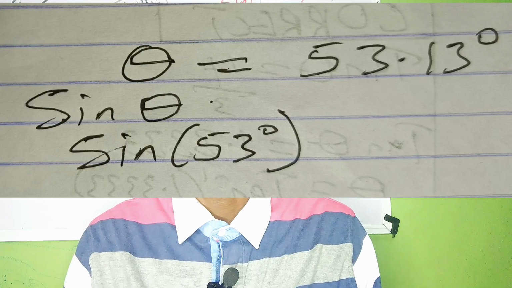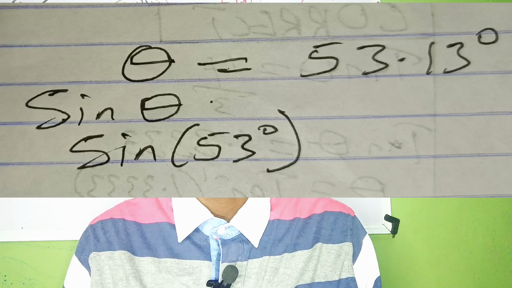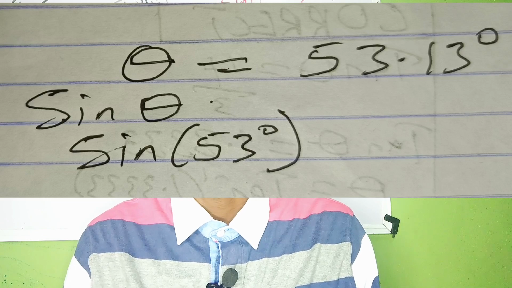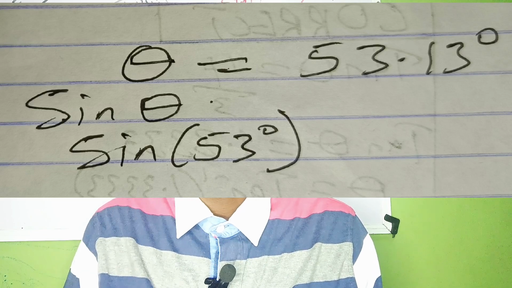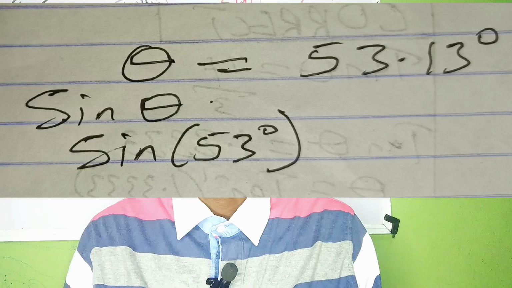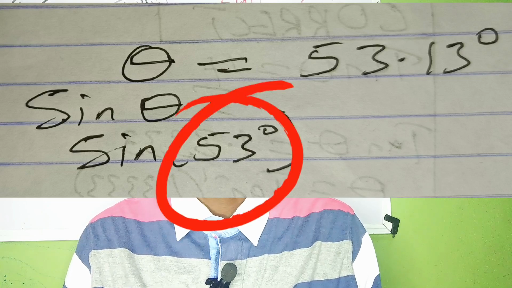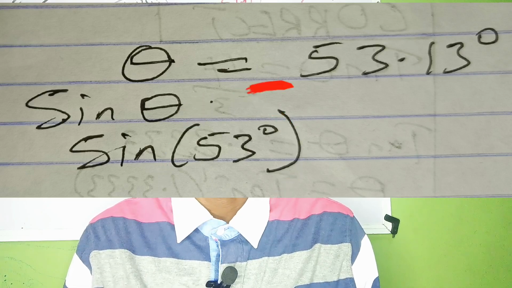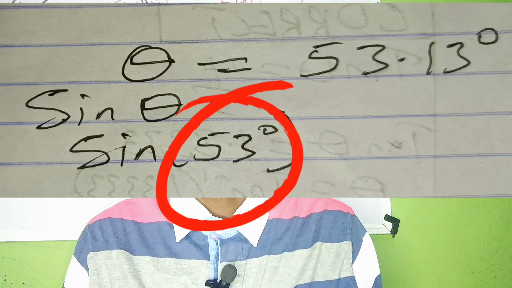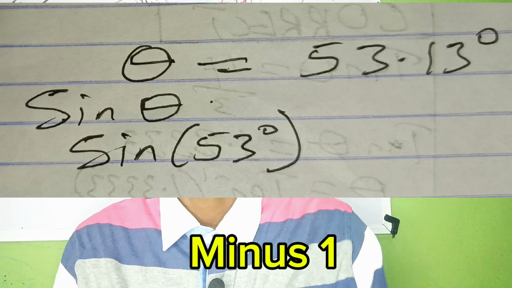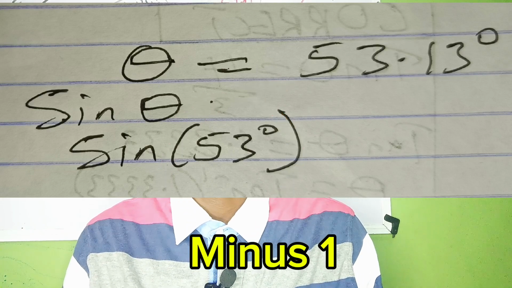So our sine theta is supposed to be sine 53.13, and we get our answer straightforward. But instead of substituting 53.13, we substituted 53. That is the wrong substitution and is an entry error. No matter your score, 1 will be deducted from that.